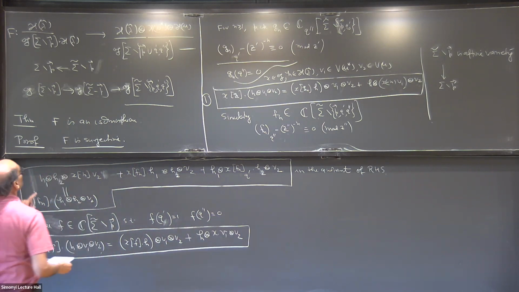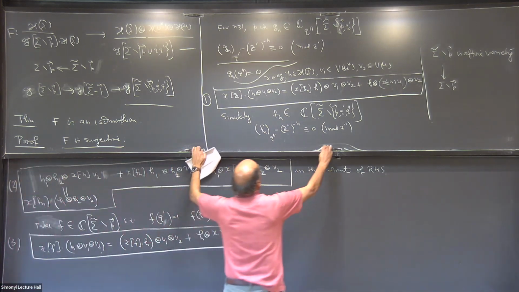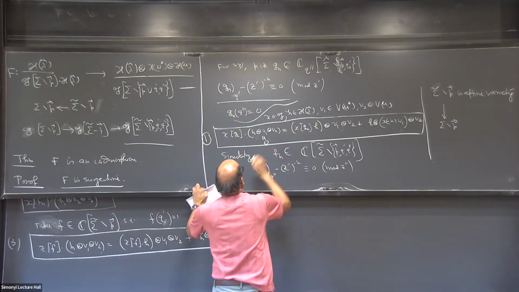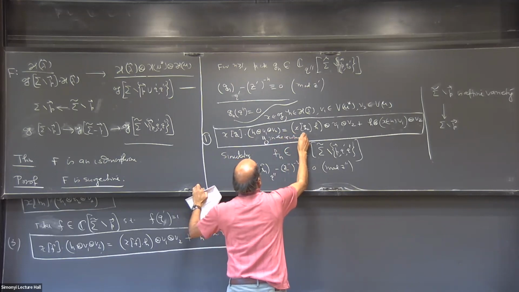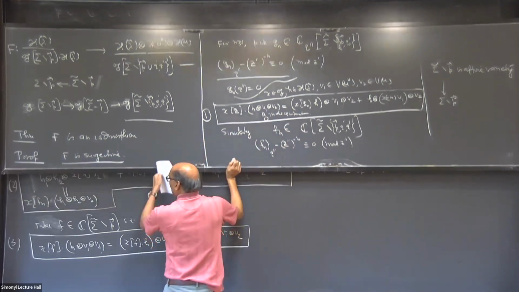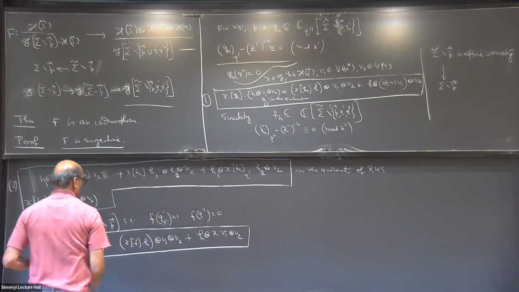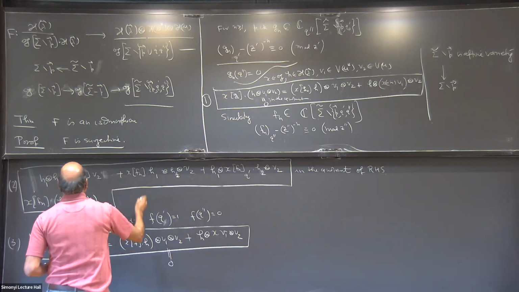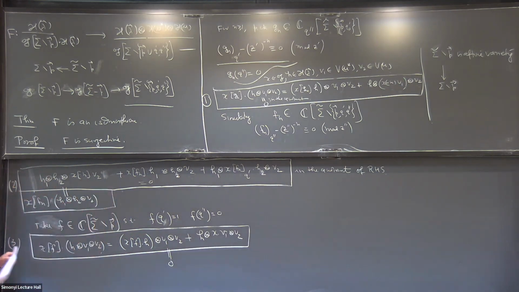So let's see now. In the quotient, this is 0 in the quotient. And similarly, this is 0 in the quotient, and this is 0 in the quotient. So this is 0, and this is 0. Okay, so let's see now.